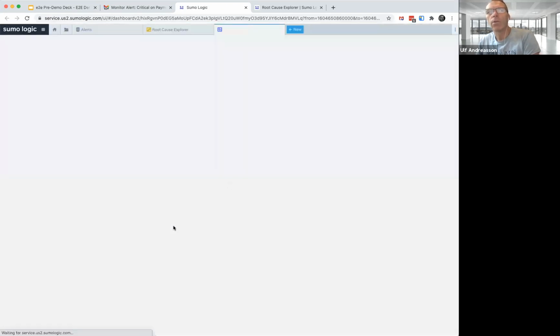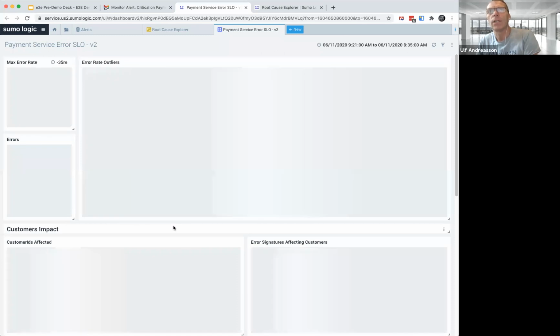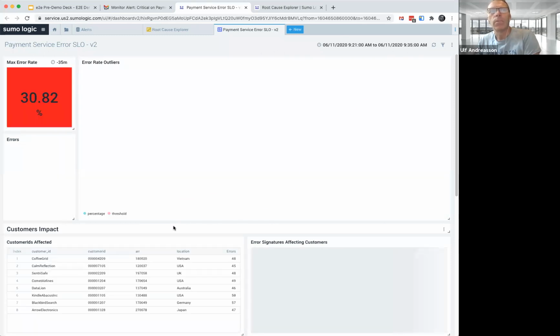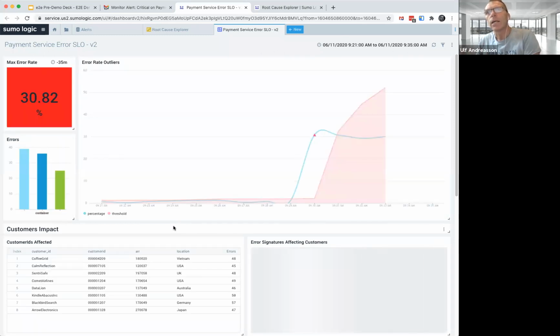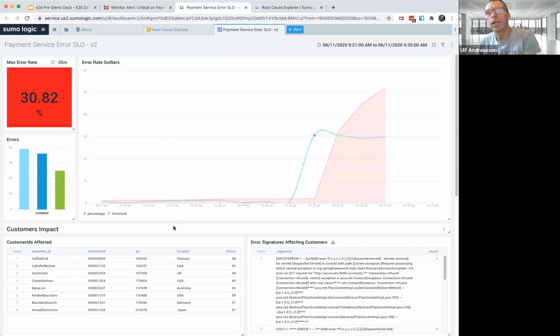We have a lot of different ways of visualizing data in Sumo, but the beauty here is that I can pinpoint the exact view I want to show you, and this is what we're using in the alerts, of course. So as you can see here, I get in with the right time frame.